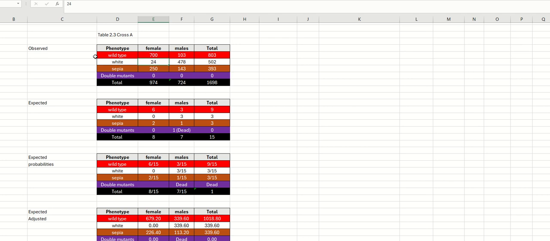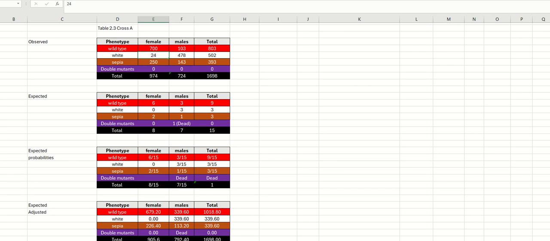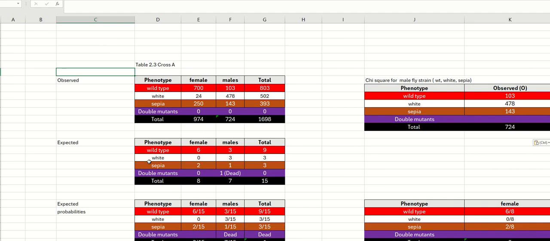And here you can also calculate if the problem was in each one of the strains, in which one of the genotypes, if it was the wild type, the white, and the CP. So it's pretty easy. Let me show you the analysis of all the things.